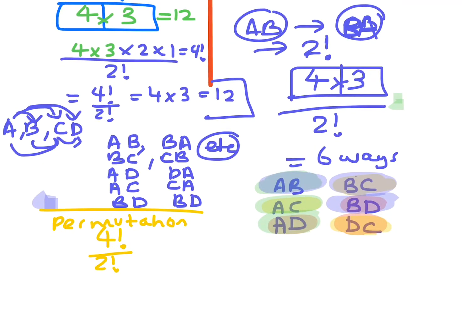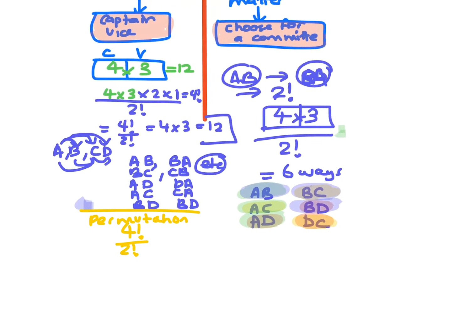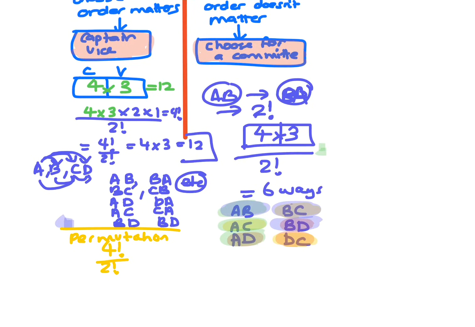And the only difference between the permutation and this one over here, where the order doesn't matter, is you do 4 factorial on 2 factorial, and then you divide by an extra 2 factorial for the number of ways that you're choosing it. So there's 2 in the group.